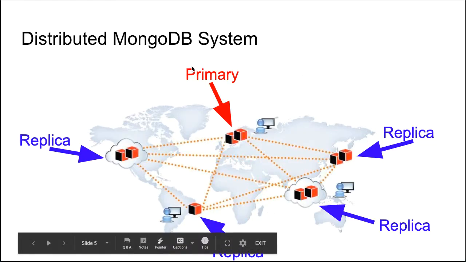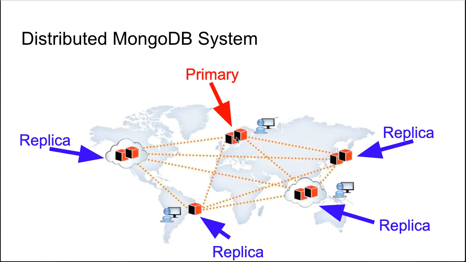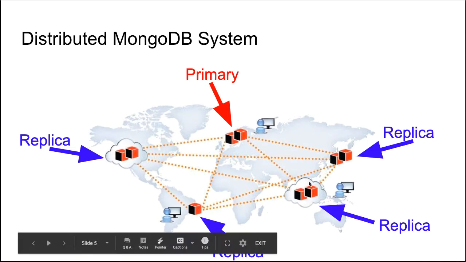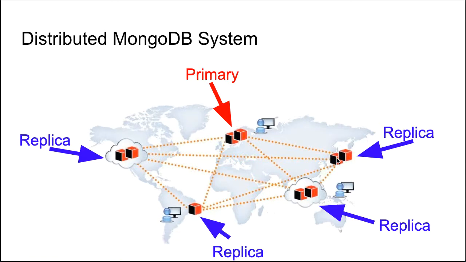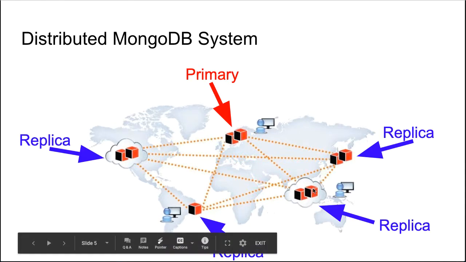So here's an example of using a primary system. Maybe most of your users are in Europe, and so most of your data is being updated in Europe, but you have lots of users around the world, so you have replicas in, I'm not sure where this would be, maybe Japan, South America, North America, Southeast Asia, not sure where that would be.